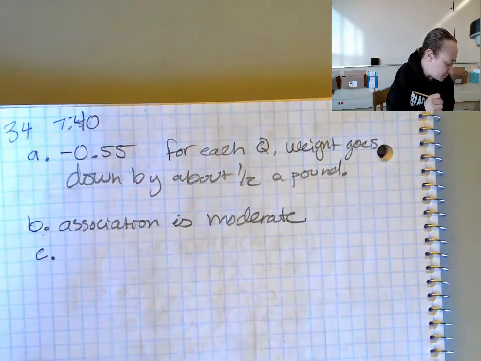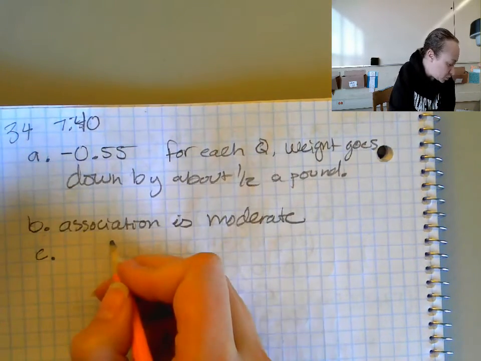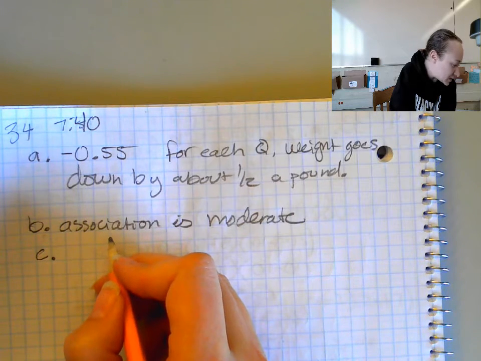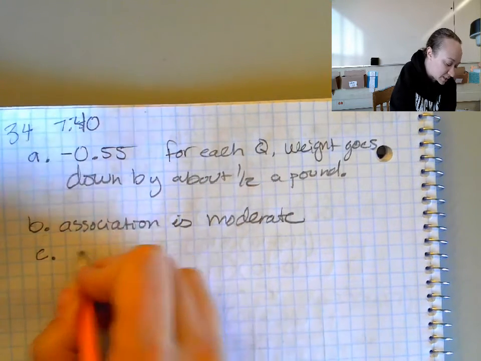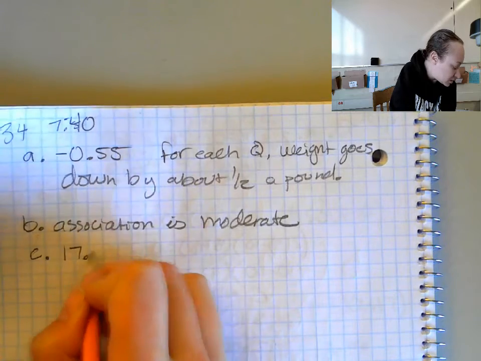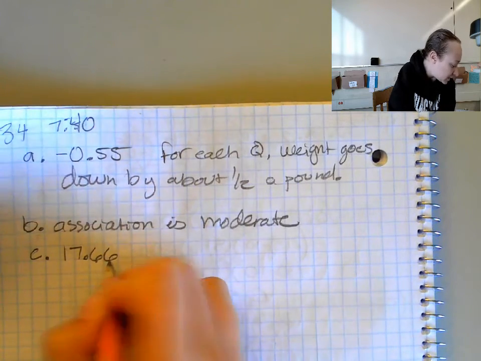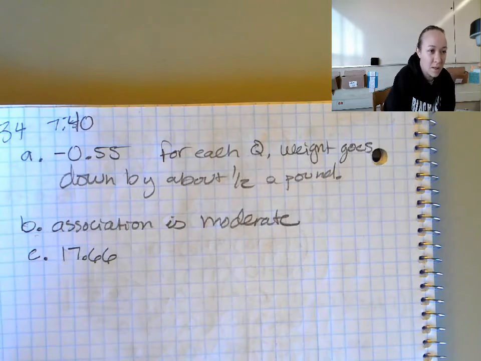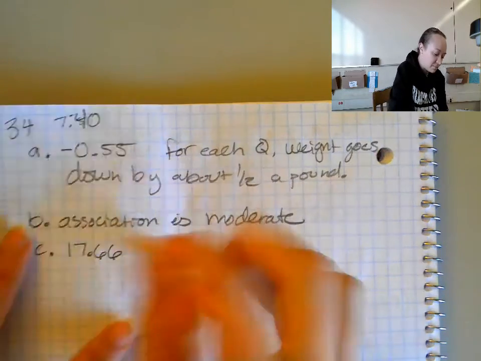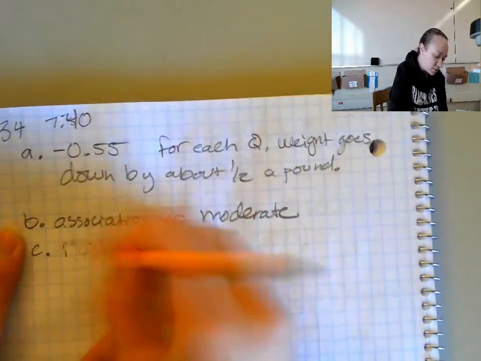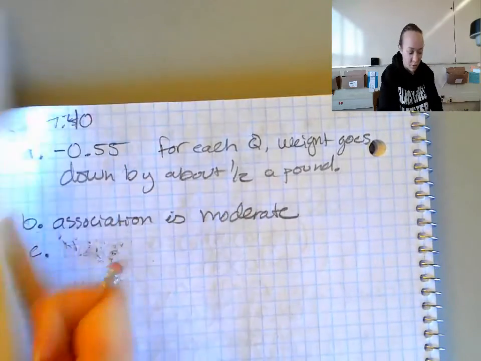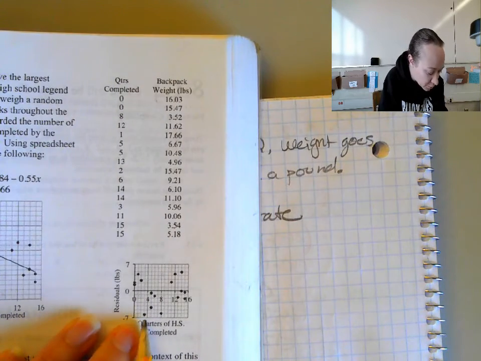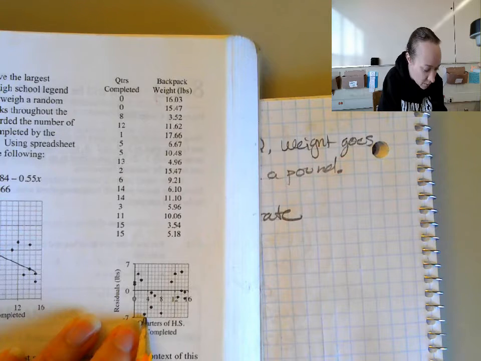For C, the residual with the greatest magnitude is 17.66. Just kidding, that was a value, not a residual. So for the residual, I would look at the graph right here, and I would see that that number right there is the furthest away.